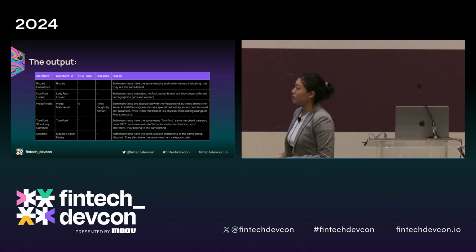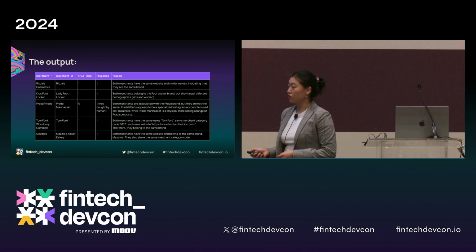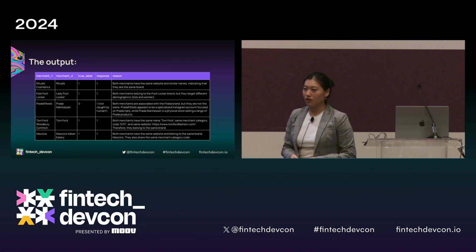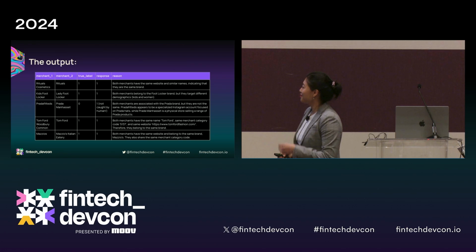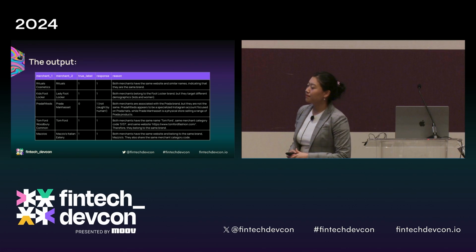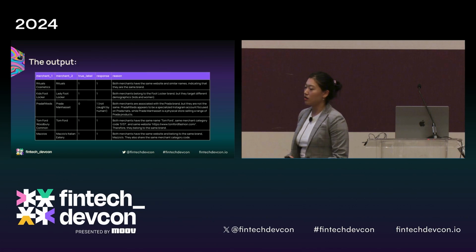Let's review this one together. Prada Fitteds and Prada Mahasset. This is actually wrong. So the agent labeled it wrong, and I labeled it wrong as well, unfortunately. I'm not 100% accurate. So let's take a look at why. Both merchants are associated with the Prada brand, but they are not the same.